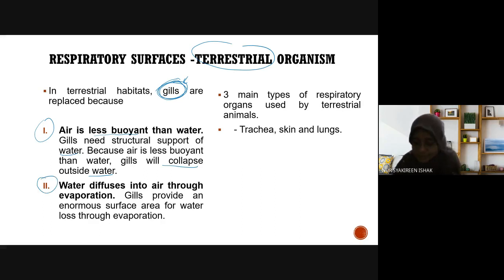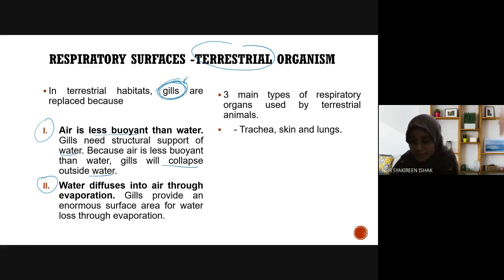So number two, water diffuses into the air through evaporation because tadi kita tengok kan, ada banyak lamella kan, so the lamella is surrounded by many blood capillaries. If they are exposed to the air, so obviously evaporation will occur. Okay, so water diffuses into the air through evaporation, so gills provide an enormous surface area for water loss through evaporation.